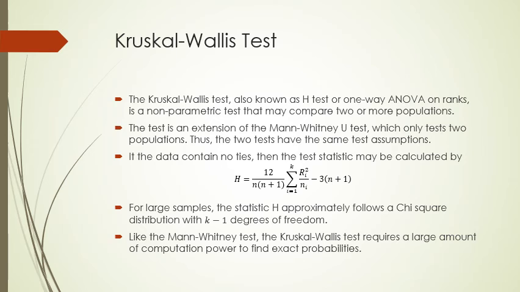If the data contains no ties, then the test statistic H may be calculated by this formula. For large samples, the statistic H approximately follows a chi-square distribution with k-1 degrees of freedom. Like the Mann-Whitney test, the Kruskal-Wallis test requires a large amount of computation power to find the exact probabilities.